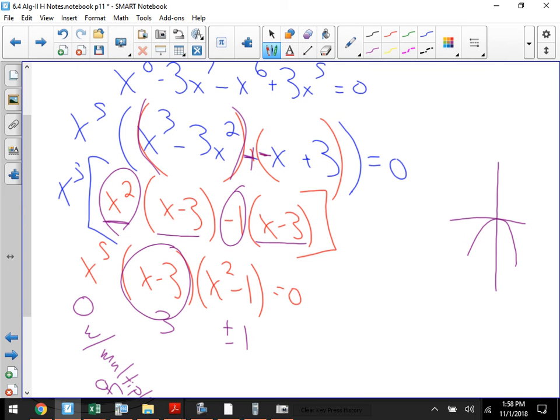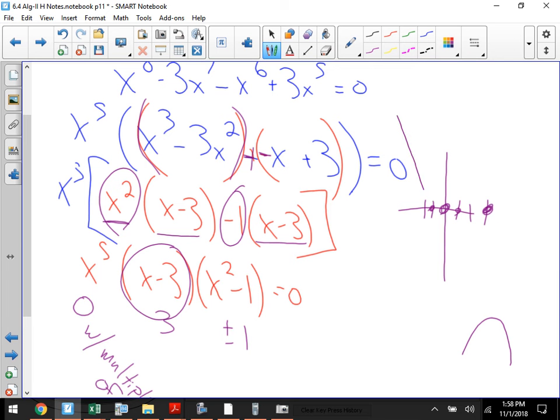In this case here, since our first term was positive, to the 8th, it would have been up, up. Which means you had zeros at 0, 1, -1, oh, sorry, 3. So tails were up.